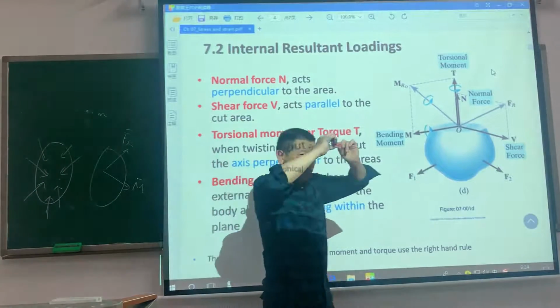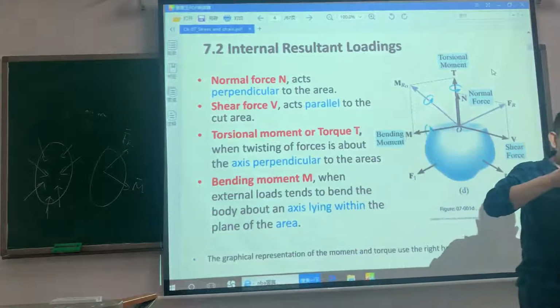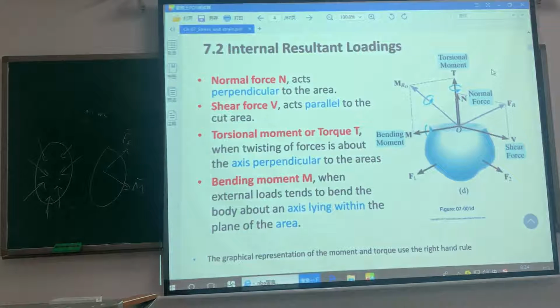It's like when you use scissors to cut a rubber: the rubber will be deformed like this, yes or no? Just like the cut. If there is shear force, this kind of deformation will happen.